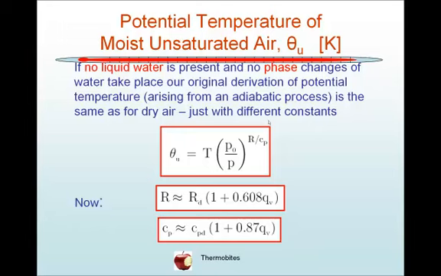Theta u is equal to T multiplied by (P0 on P) to the R over Cp. But now the values R over Cp are not the dry values, they're the moist values. And we won't show it here, but R is approximately equal to Rd times (1 plus 0.608 qv), and as we've shown just before, Cp is approximately equal to Cpd times (1 plus 0.87 qv).